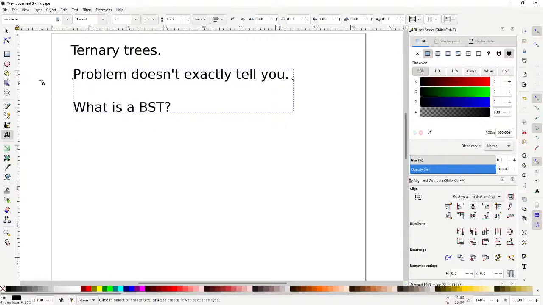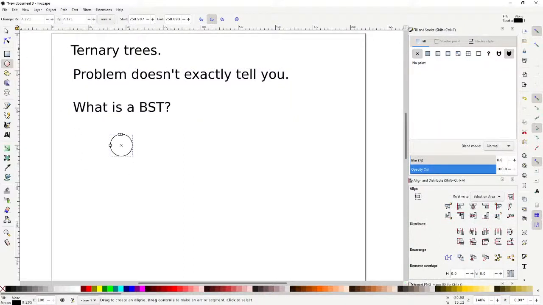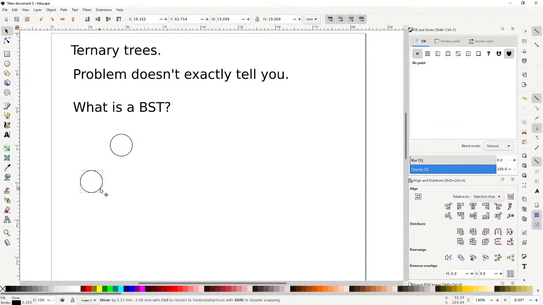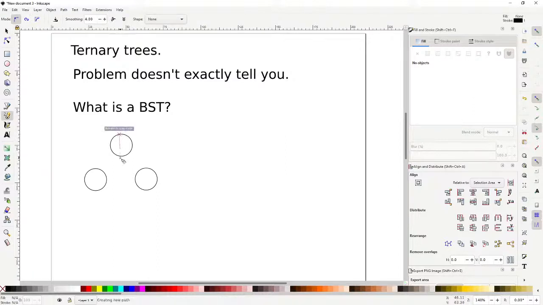A binary search tree is a structure where you have a node, and that node can have two children. And it has a single value. Let's even do it as maybe a dividing line.